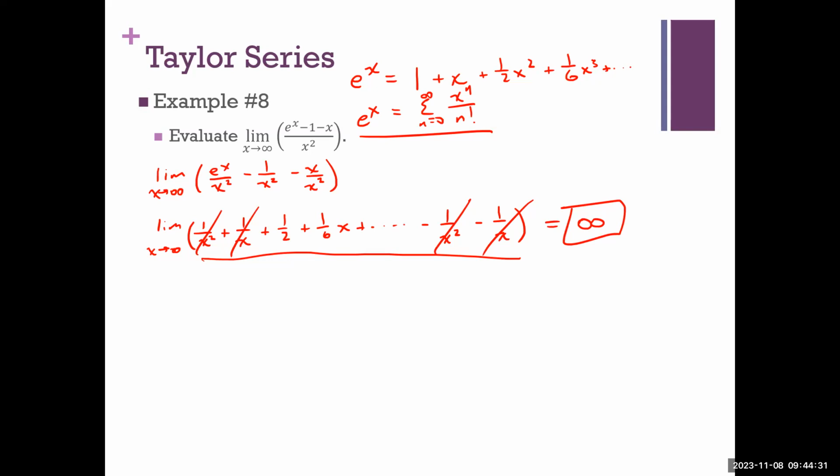Does L'Hopital's rule apply here? It should, right? What does the numerator do? Goes to infinity. What's the denominator do? Right. So I could also look at the limit of the derivatives. So that's e to the x minus 1 over 2x, right?